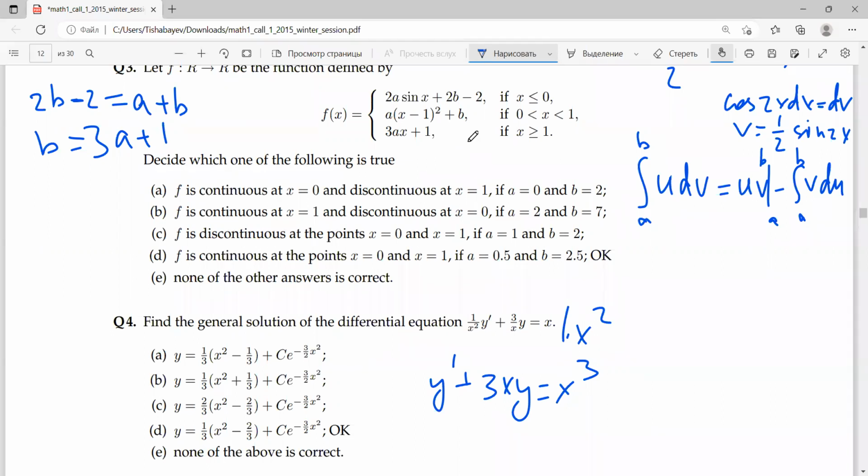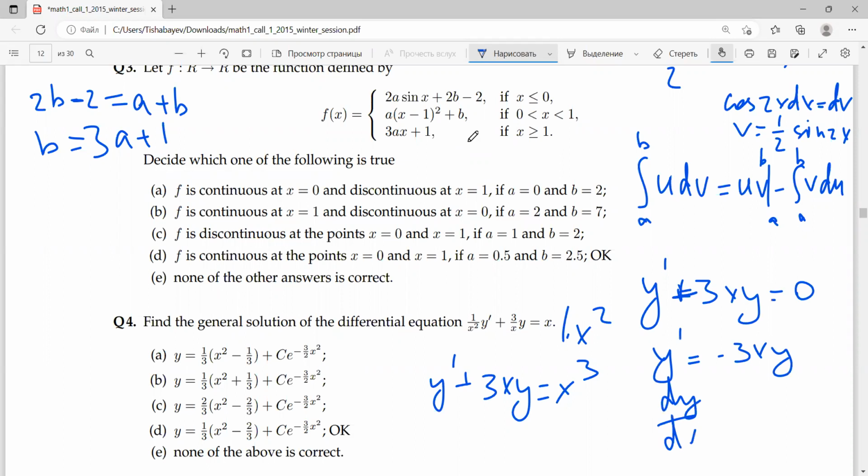To define the homogeneous equation, solve y prime plus 3xy equals 0. So y prime equals minus 3xy, meaning dy divided by dx gives us minus 3xy.